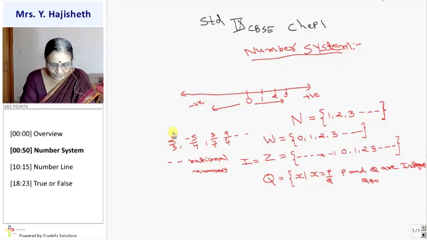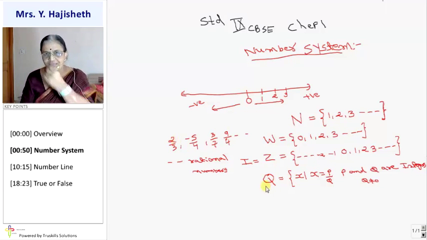It's a ratio of two integers, right? Or a rational number is a quotient of two integers, clear? Where the denominator is not 0. So the notation Q has come from quotient because it is a quotient of two integers, provided the denominator is not 0. And the word rational is coming from ratio, clear?